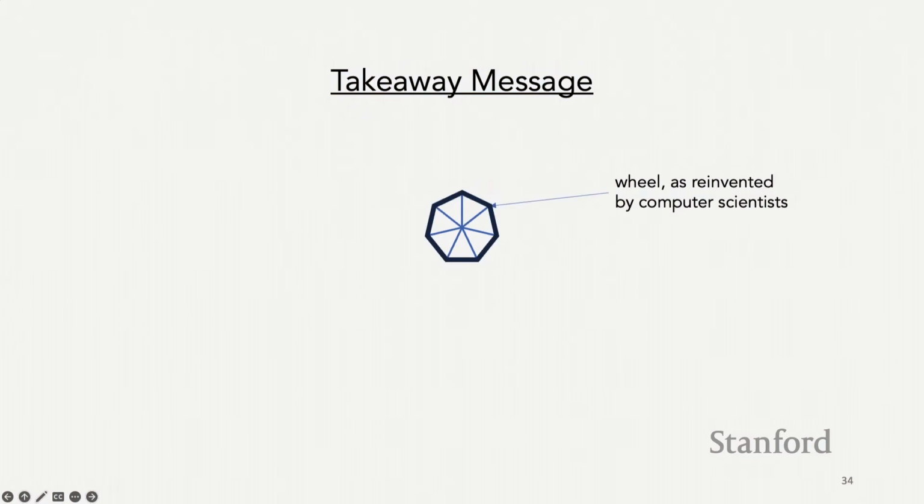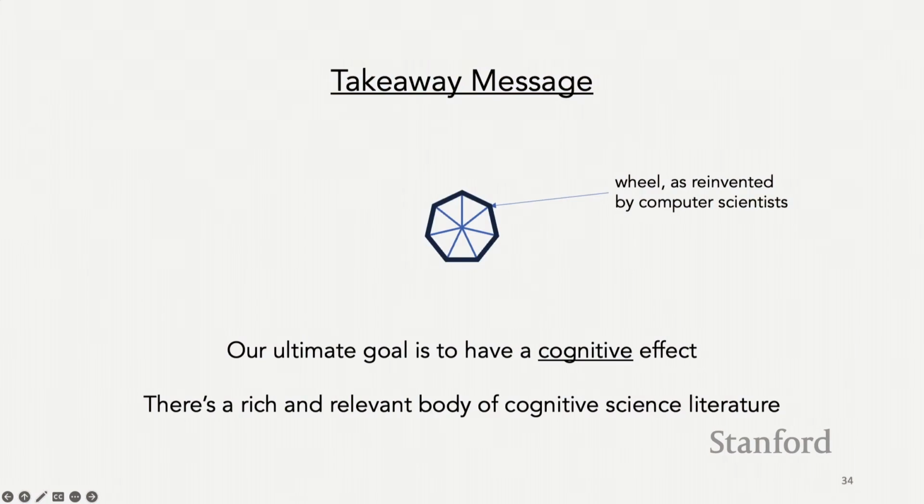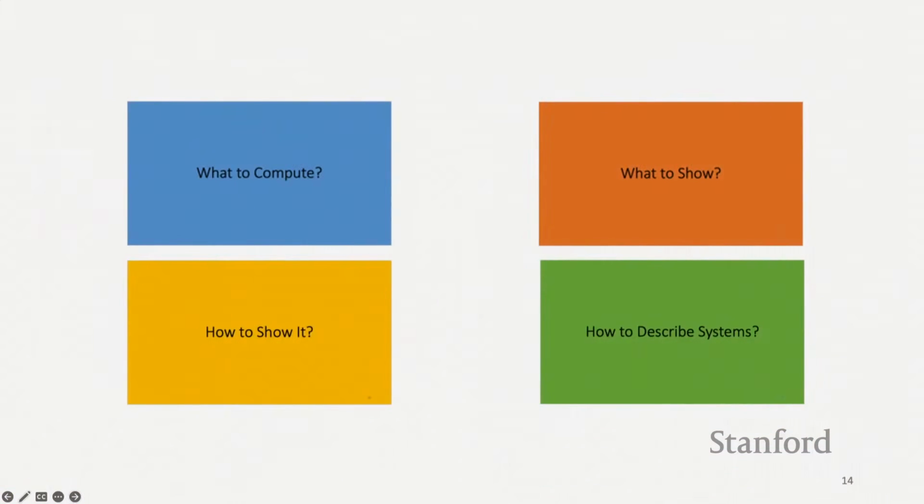There's a whole theory of wheels, and we'll just hack our way together, and we don't need to know anything. Now, what could anyone else have done that's of potential value to us, right? And I think there is actually a lot of value. We're trying to have a cognitive effect. There's a whole bunch of theory out there that we could bring to bear that has to be tested in context, but can potentially provide insights that we don't have ourselves. Okay, that's the second part of the talk.